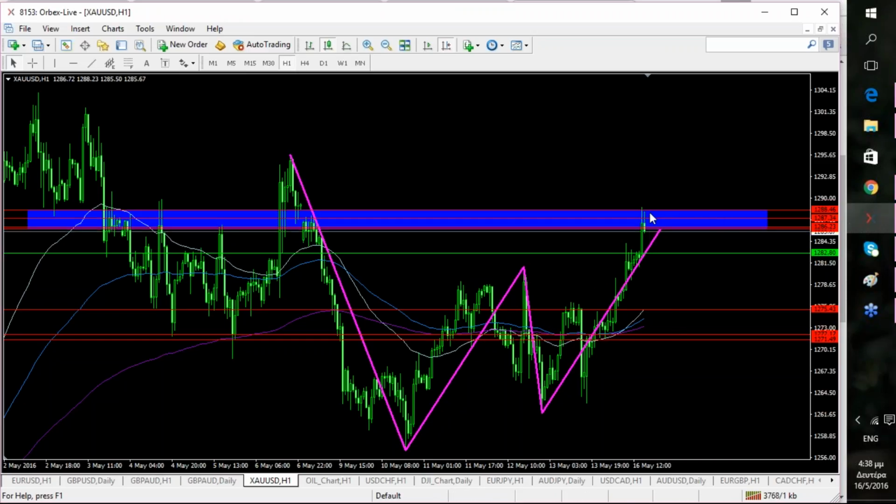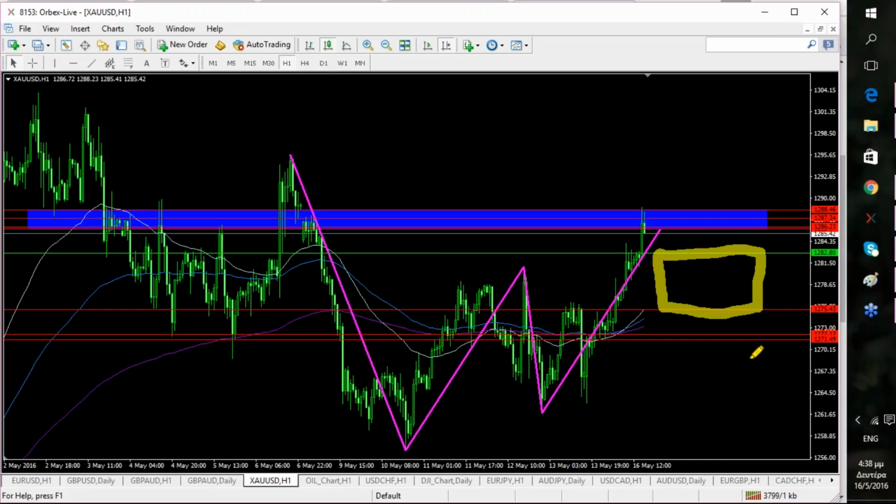Between this green line here and this red line where I'm drawing this box, this is a short-term room for you to sell and take profit within that area. For a sell. Not yet for a buy, because it still doesn't look like it at the moment from a pattern perspective.